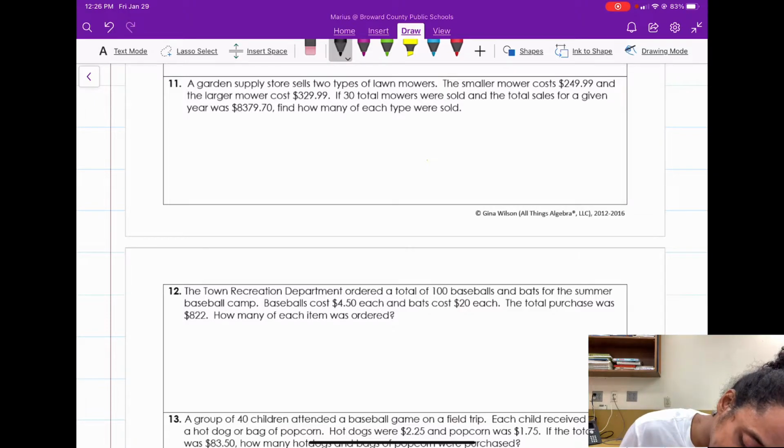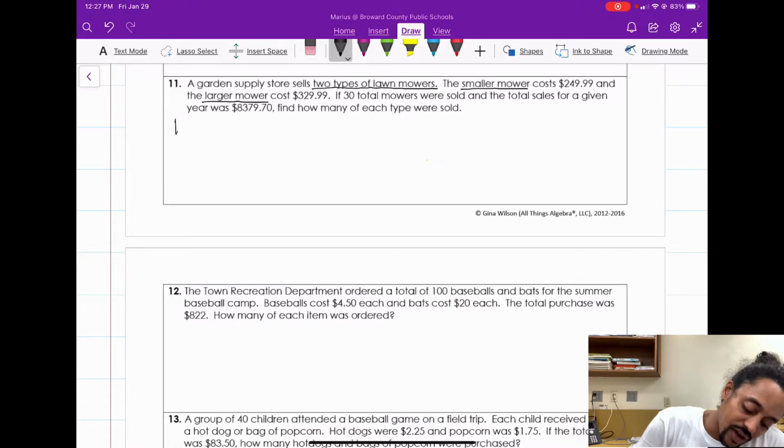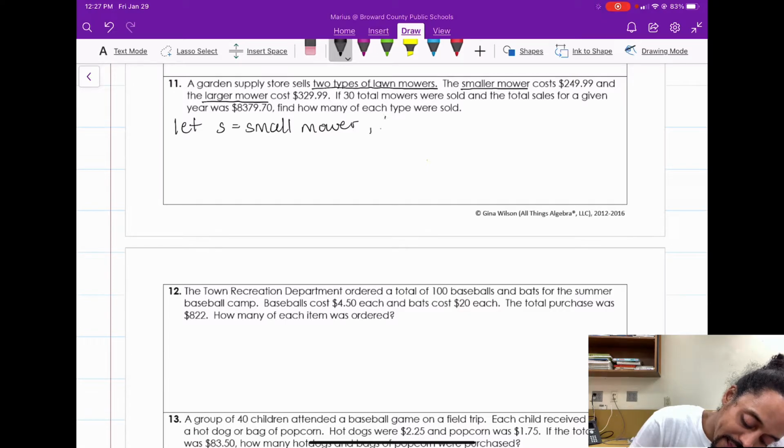So we have two different types of lawnmowers. We have a small mower and we have a large mower. So when we define our variables, we're going to say let S equal small mower, right? And let L equal large mower.